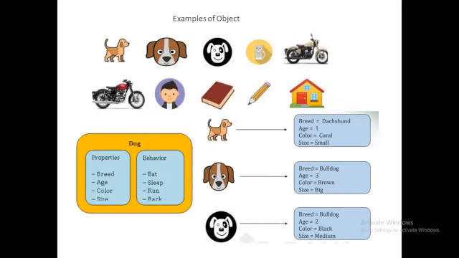These are a few examples of objects, where each object has some properties as well as some behaviors. For these objects we define a class, where these examples are the different instances of the class.